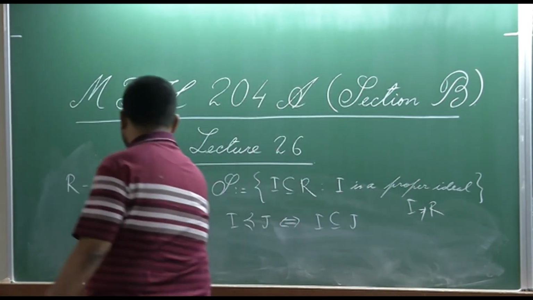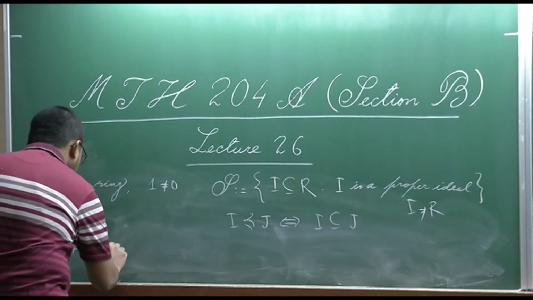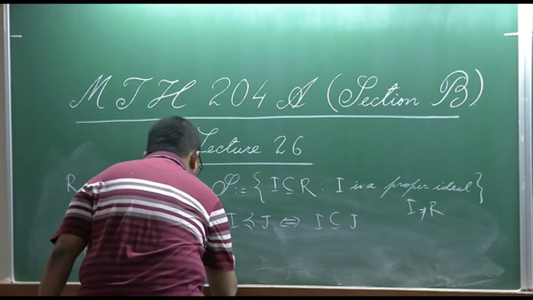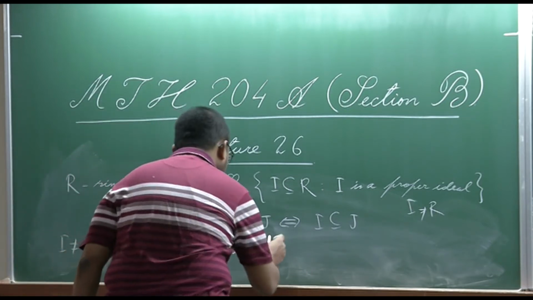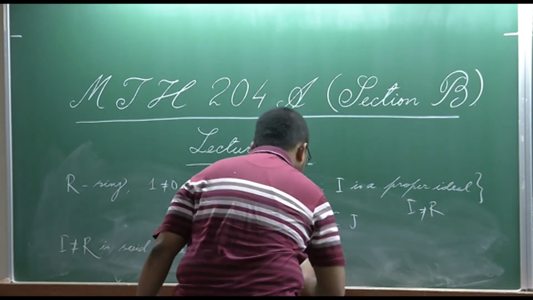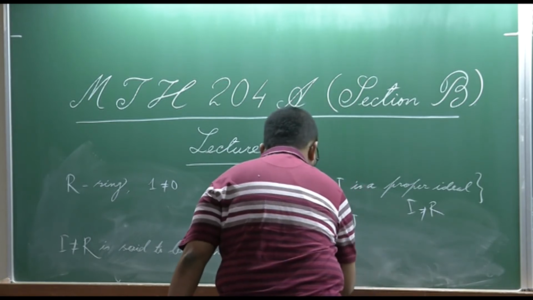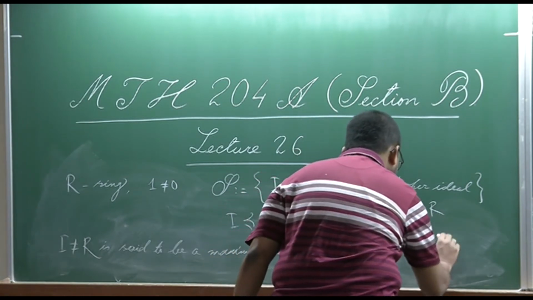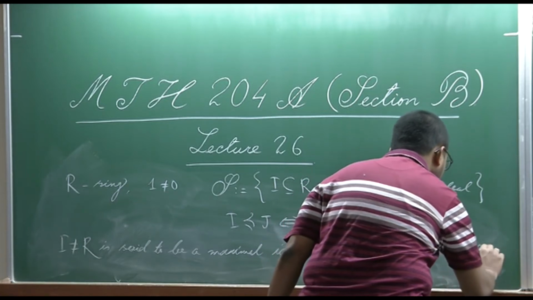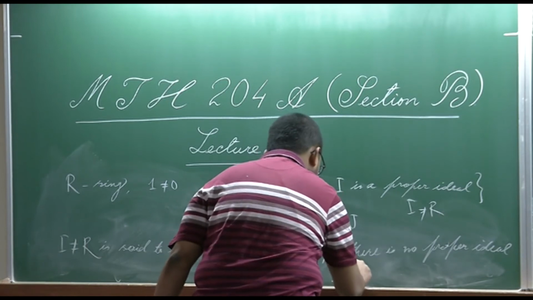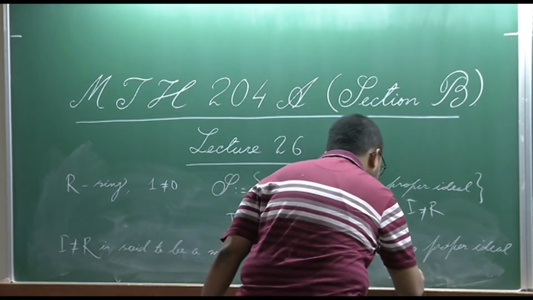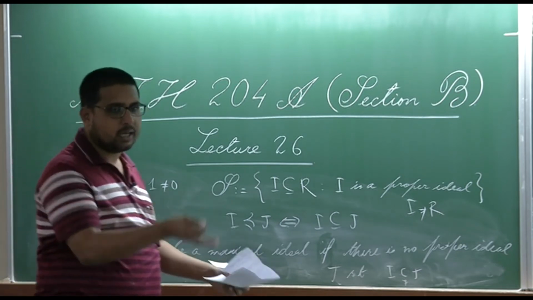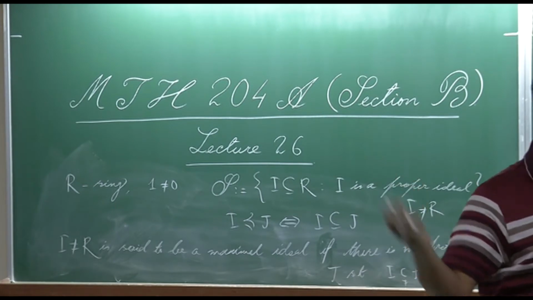So, what is the definition? I is said to be a maximal ideal if the following happens: there is no proper ideal J such that I is strictly contained inside J. Or in other words, if an ideal contains I properly, then it must be the whole of R. There is no other choice.